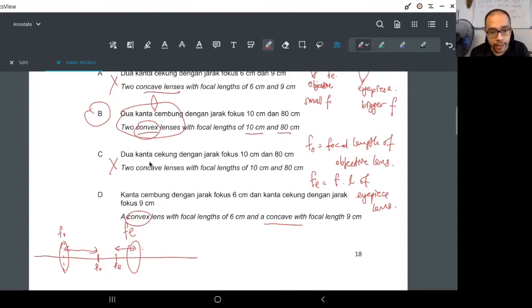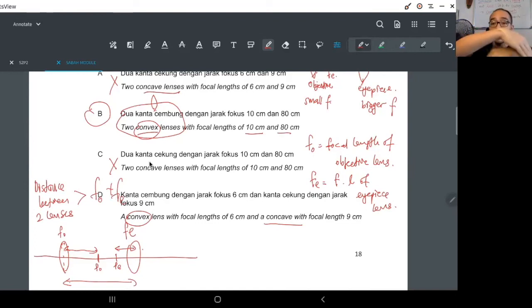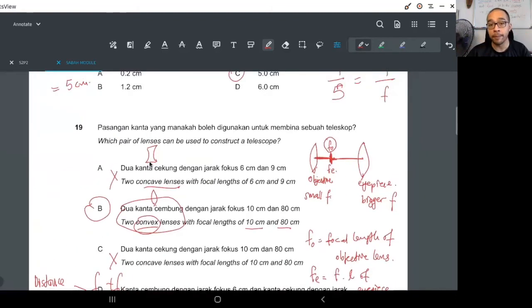Secondly, the distance between the two lenses must be more than FO plus FE. Must be more than the two focal lengths combined. They cannot overlap and they cannot just touch each other like the telescope. The telescope must be exactly touching.